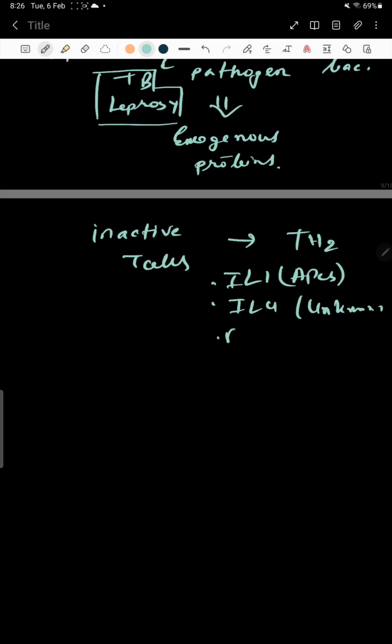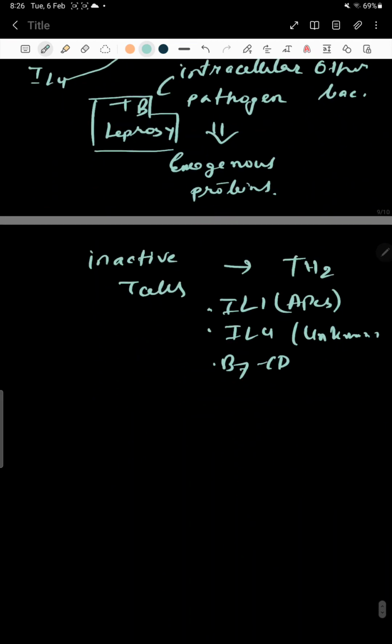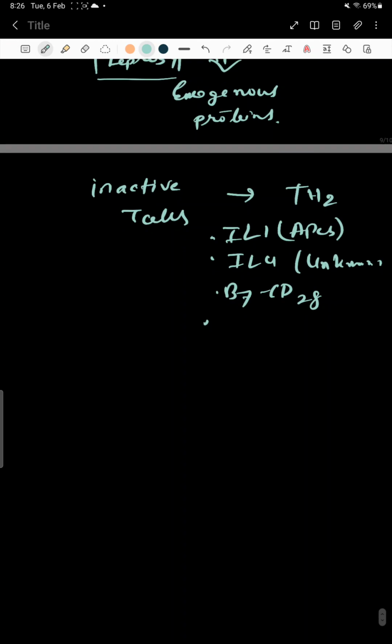Then B7 and CD28: B7 from the antigen presenting cell and CD28 from the T lymphocyte. Also the interaction between the antigenic peptide situated in the cleft of the MHC2 and the T cell receptor. So these are the signals converting the inactive T cells into Th2 cells.